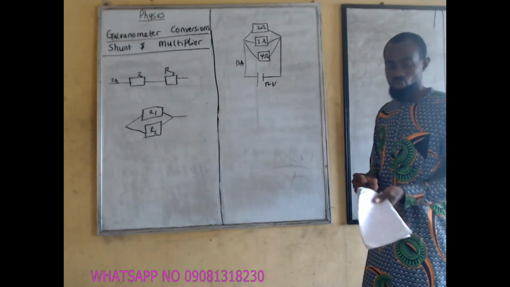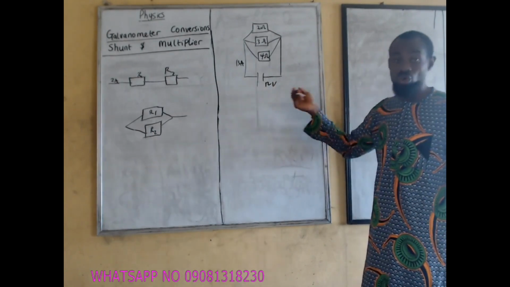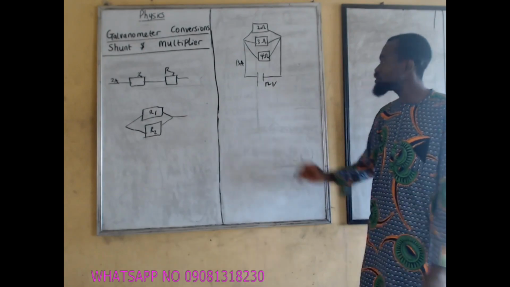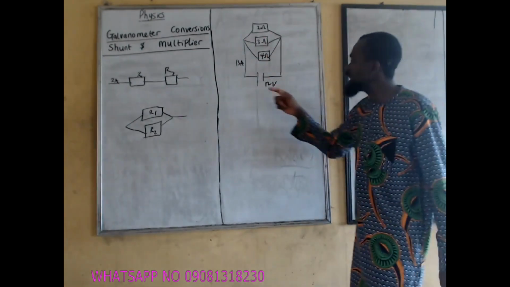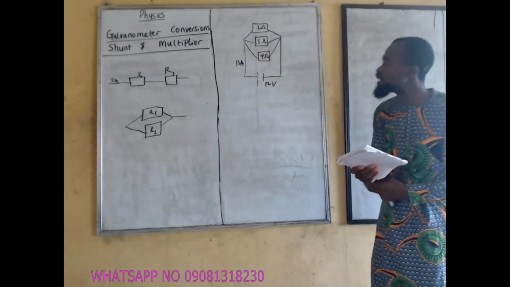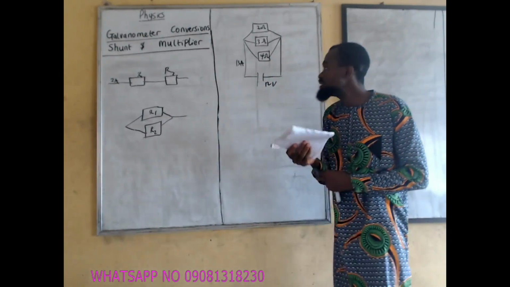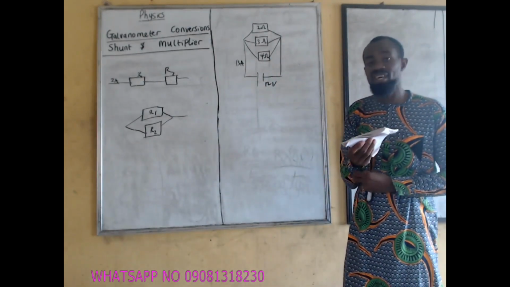Imagine that this 12 volts has no internal resistance. So the terminal potential difference across this circuit is 12 volts. We are just neglecting the internal resistance.